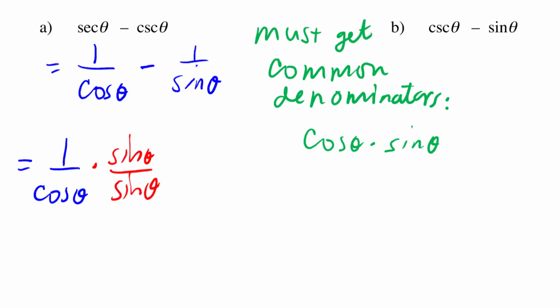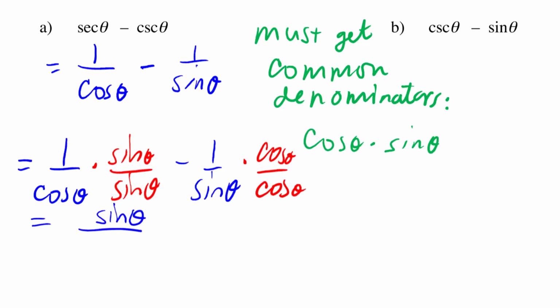The second fraction, we must multiply by cosine theta over cosine theta. And when we're done, they now have the common denominator. Like I said, they're written in a slightly different order. One's cosine times sine, the other sine times cosine. However, as a fraction, they are the same denominator.